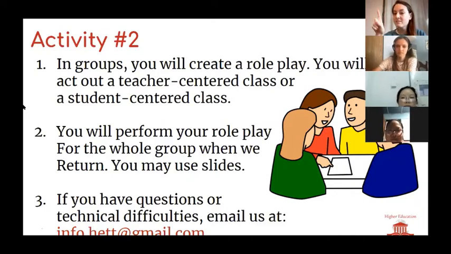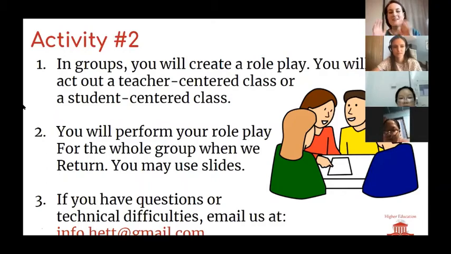Have one person be the teacher and have everyone else be the students. And I will come to your group and tell you to make your role play either teacher-centered or student-centered.